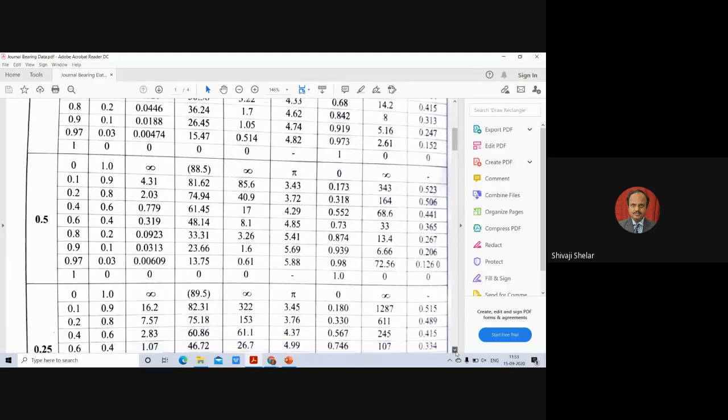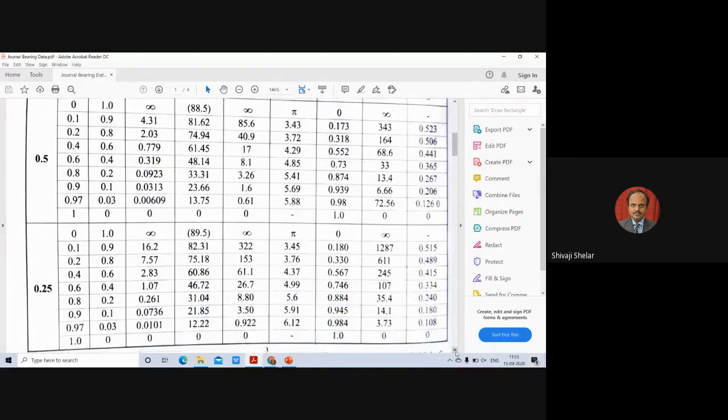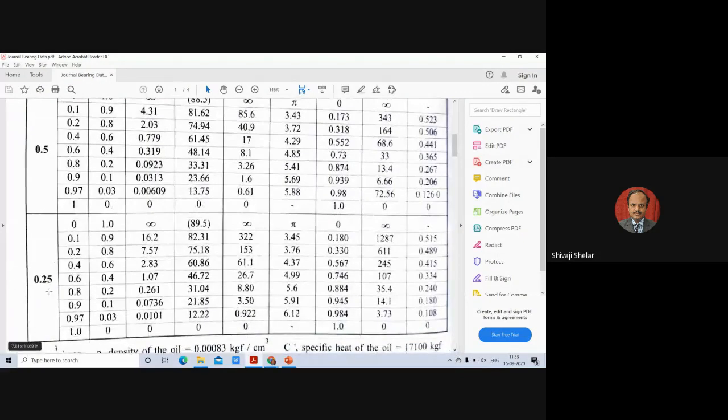If the length of the bearing is small compared to the diameter of the journal, then there is more chance the fluid or lubricant will be lost in the axial direction. That QS is in the axial direction, so lubricant will be lost in the axial direction. So the QS by Q ratio will increase as we decrease the L by D ratio. You can see here these values are increasing, and for L by D ratio equal to 0.25, they are further increasing.